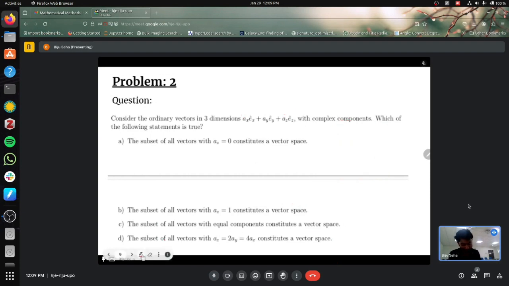In all of these statements, you have to find out whether they form a vector space or not. So you have a set, and a set is a collection of elements.